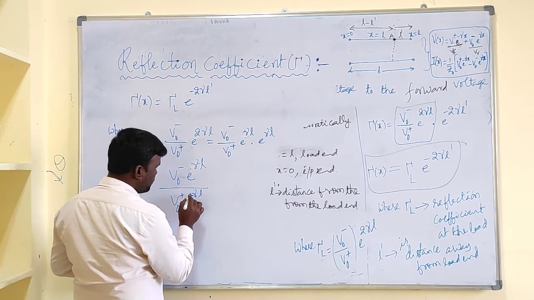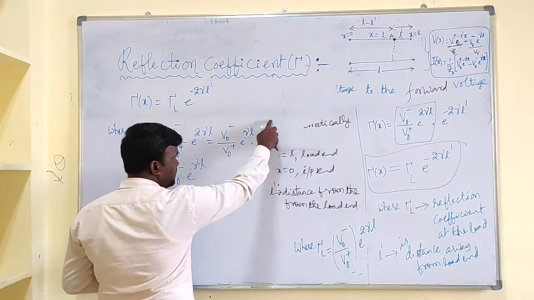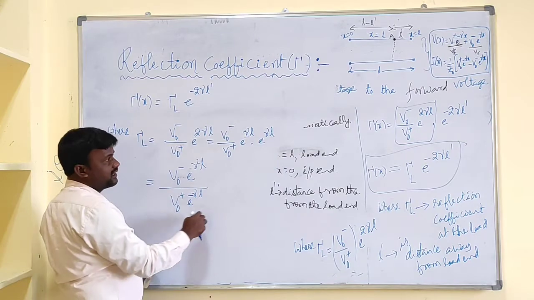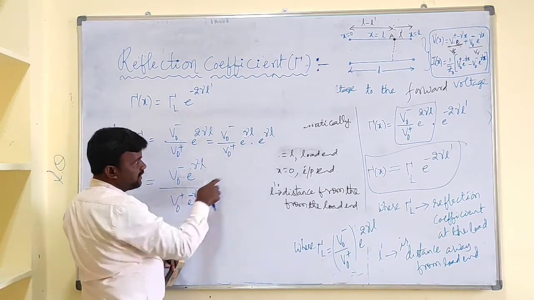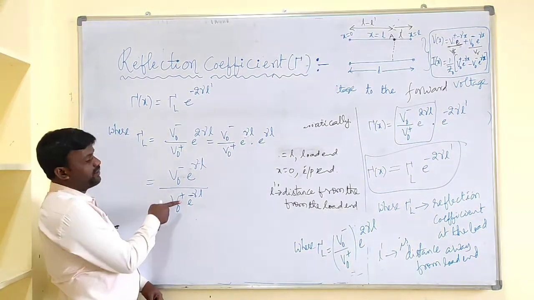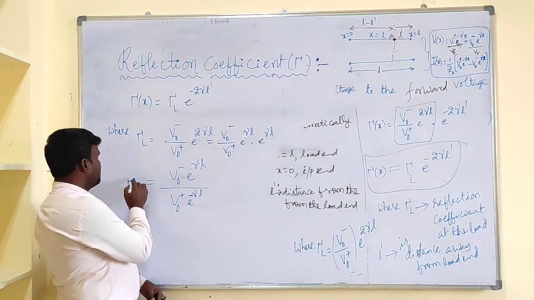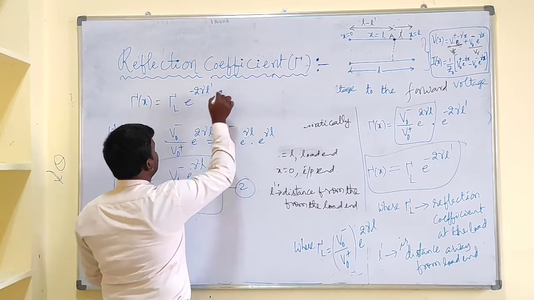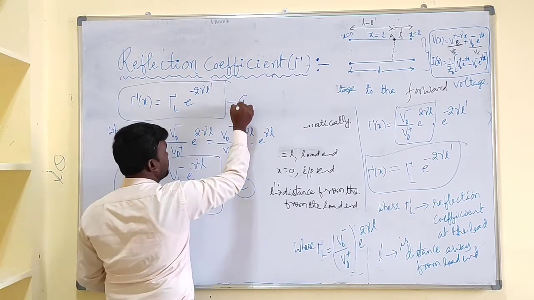If I shift that term to the denominator, e to the power gamma L becomes e to the power minus gamma L, and that is gamma L. Let us take this as equation 2, and this is equation 1.